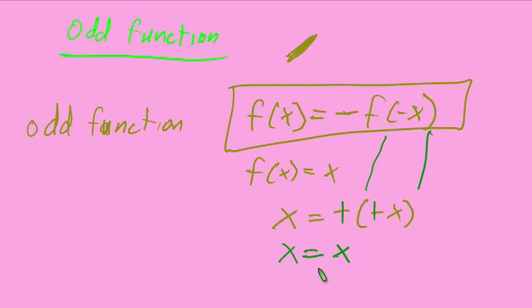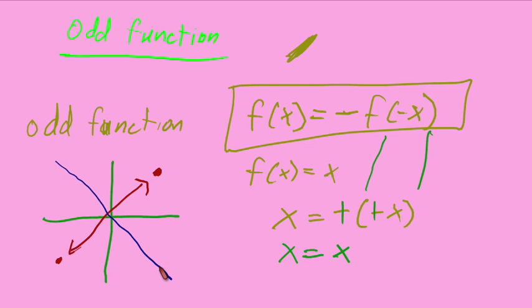And the book says here, if a graph is symmetric about the origin, then it is odd. If we were to put this on our graph here, for every point we add, we would have to have another point, and that would make our line of symmetry negative x, I suppose.